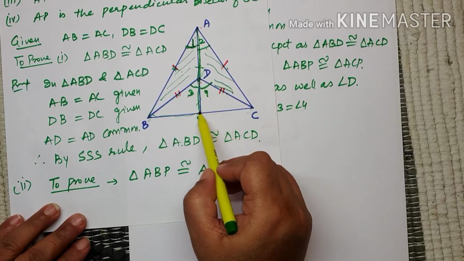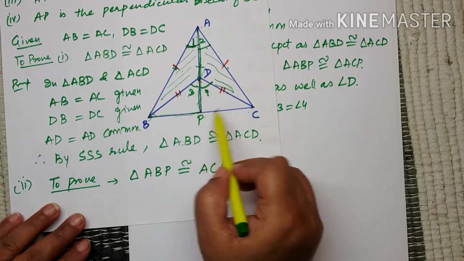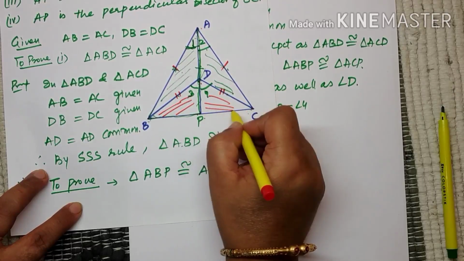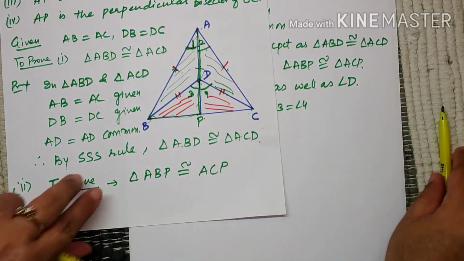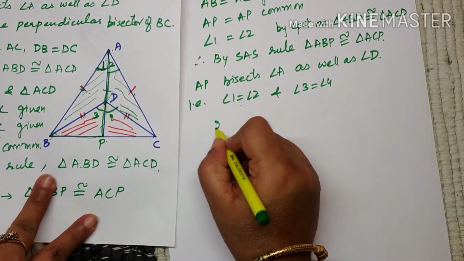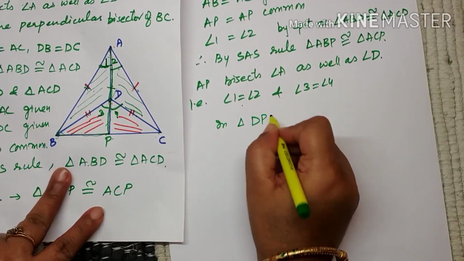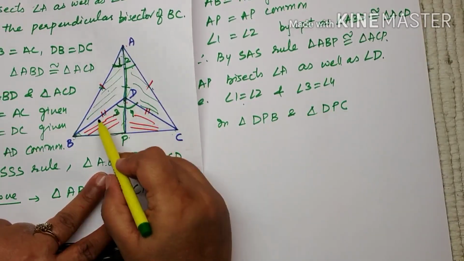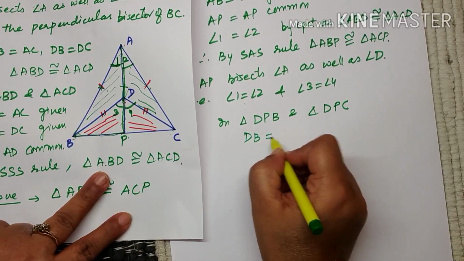If we prove these two triangles congruent, triangle DPB and triangle DPC. So in triangle DPB and triangle DPC, we have DB equal to DC given.